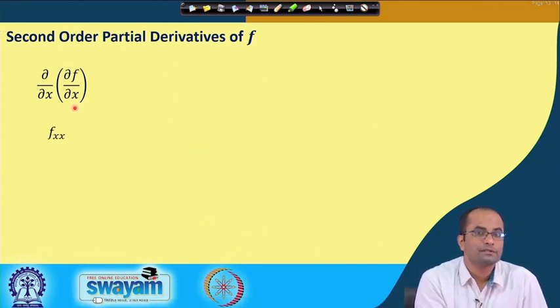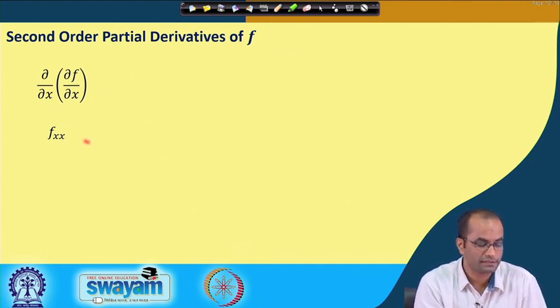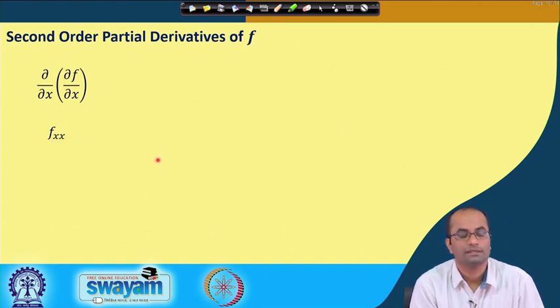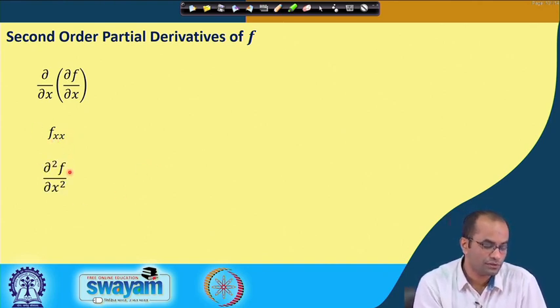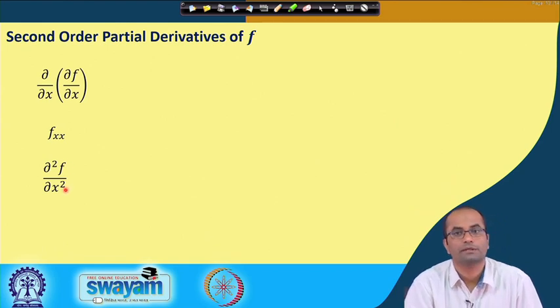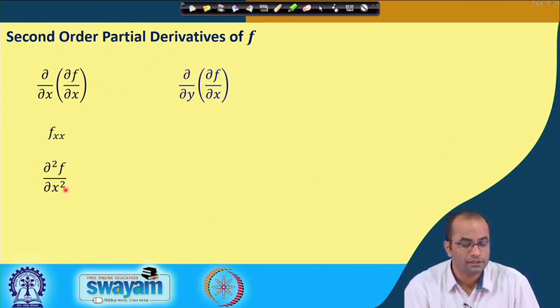Here is the notation again. Instead of this we also use f x x, the derivative of f 2 times with respect to x, or we also use this notation del 2 f over del x square. Again, the second order partial derivative of f with respect to x.